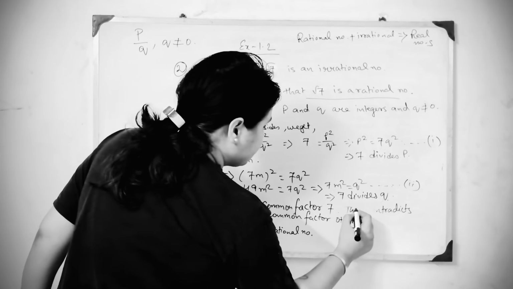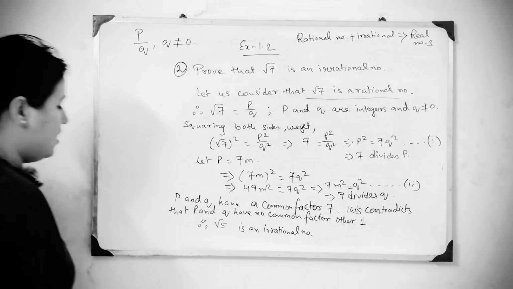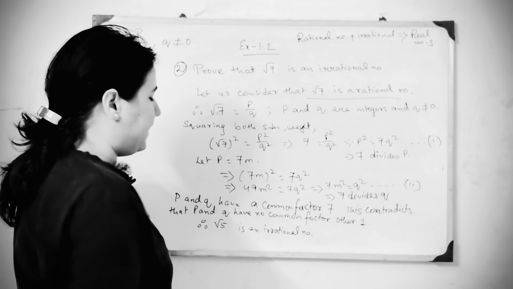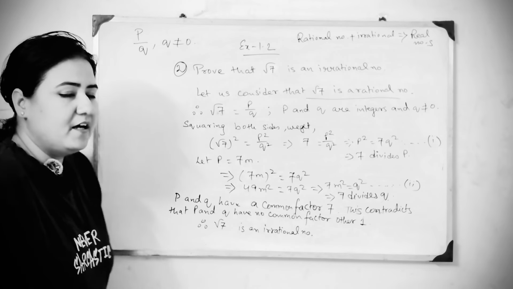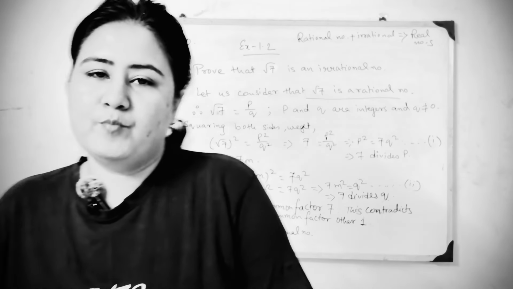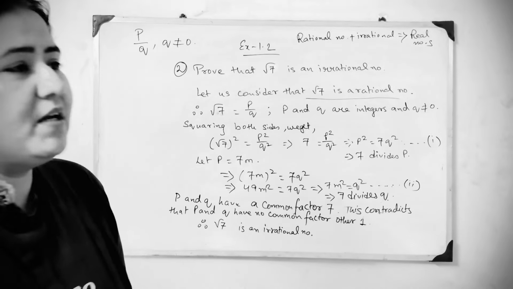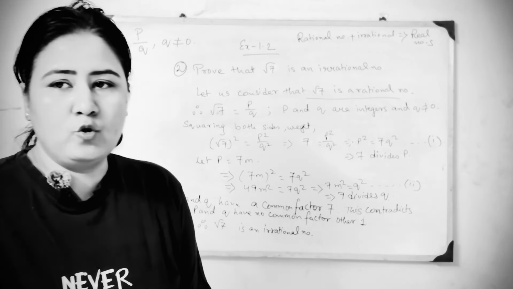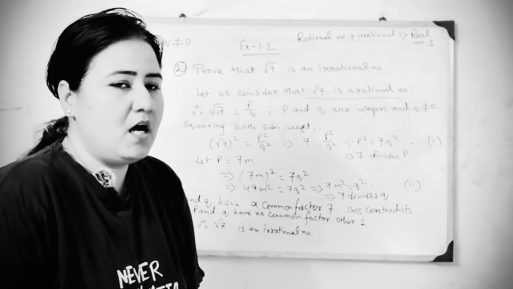This contradicts that p and q have no common factor other than 1. So root over 7 is an irrational number. I hope this is clear. If you are still having doubt or feeling disturbance, please let me know. I will try to cut out the background noise again through some editing apps.